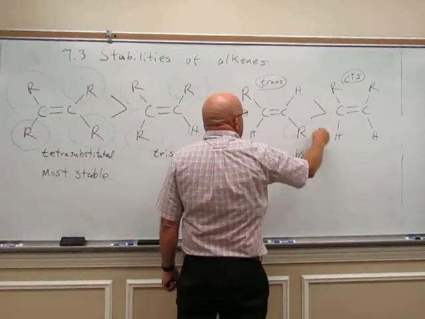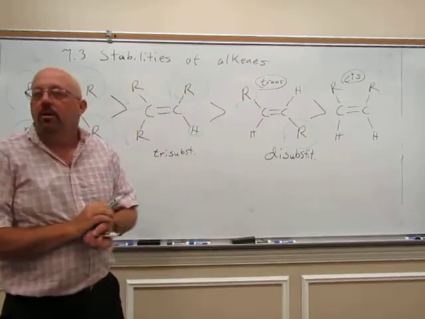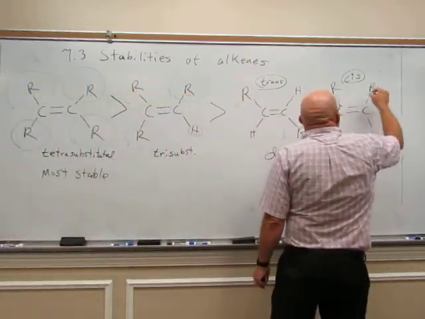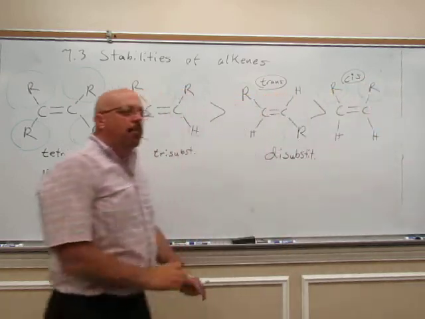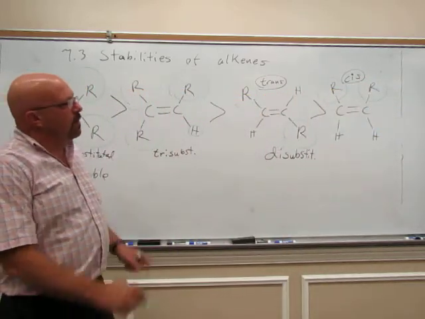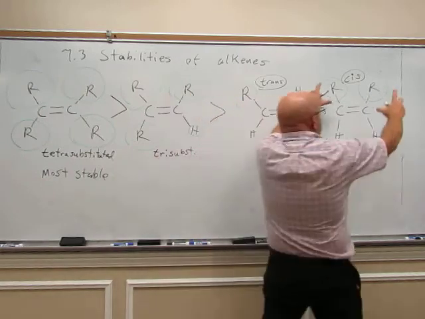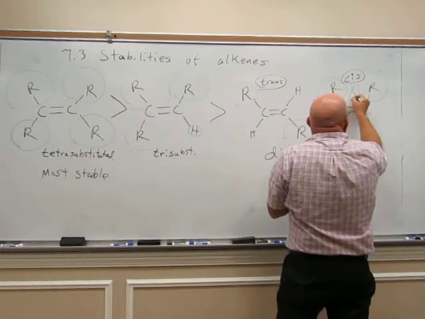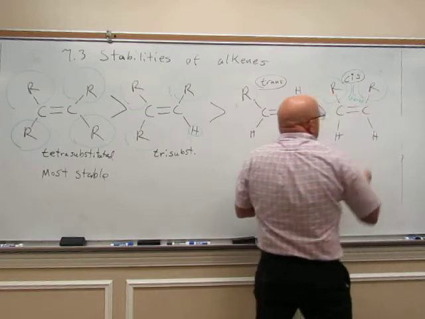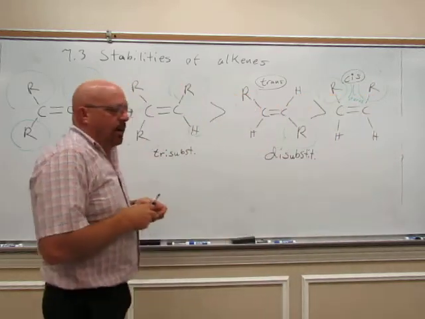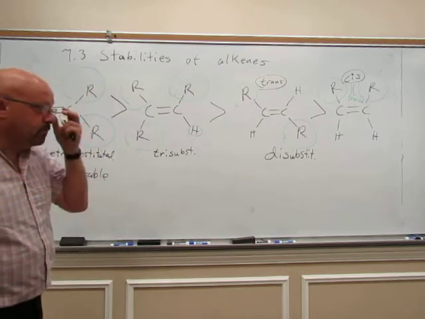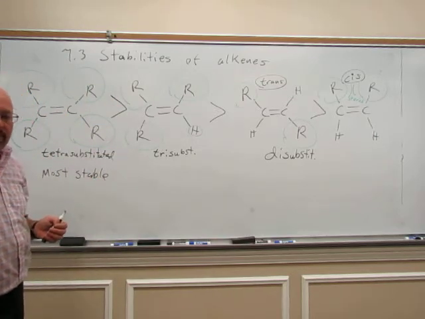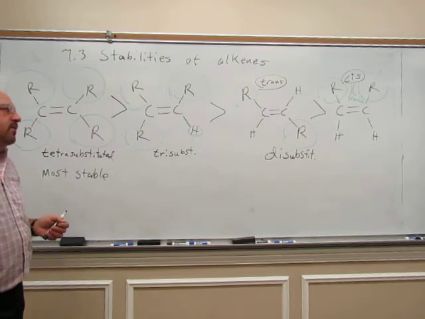We've got the same amount of protection around the double bond. You have two R groups in both of them. You got the same amount of protection, but the problem with the cis is having those two R groups on the same side, there could be some sterics in between here, where those groups are bumping into one another. So it's better to have them on opposite sides, so the trans is always more stable than the cis.